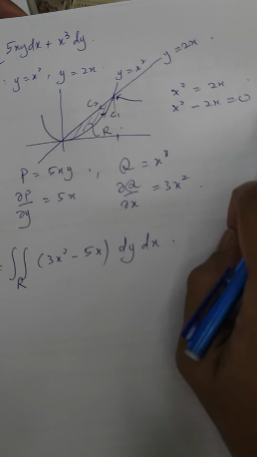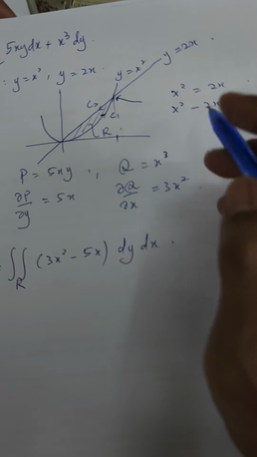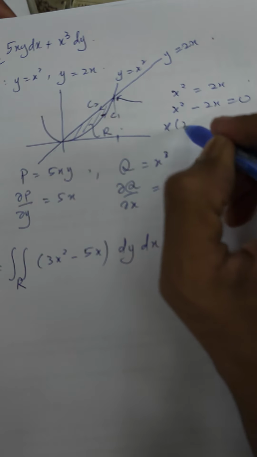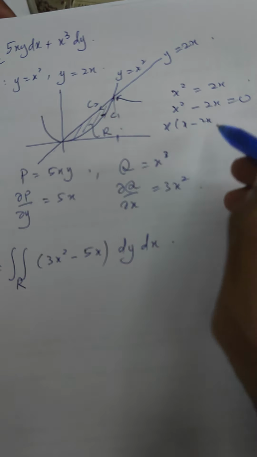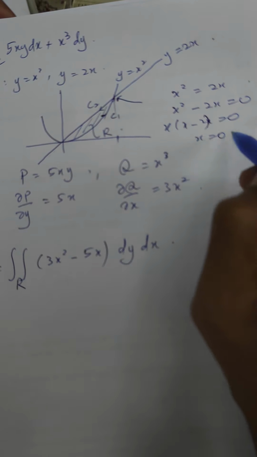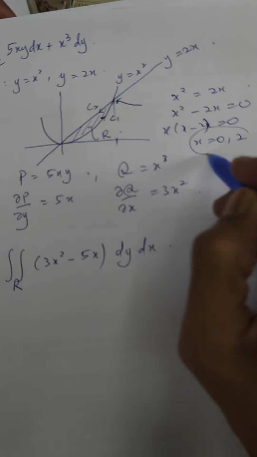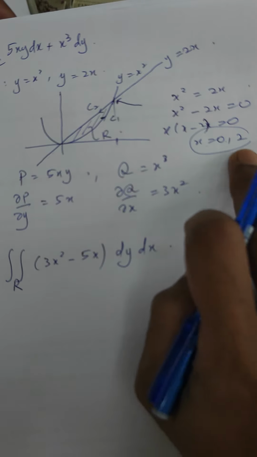You lose 1 point. Yeah, this is wrong. So what you need to do is this: x squared minus 2x equal to 0. You factor out x, so x times (x minus 2) equal to 0. So you have x equal to 0 and 2. See, here you only have x equal to 2, but here you have 2 points, x equal to 0 and 2.